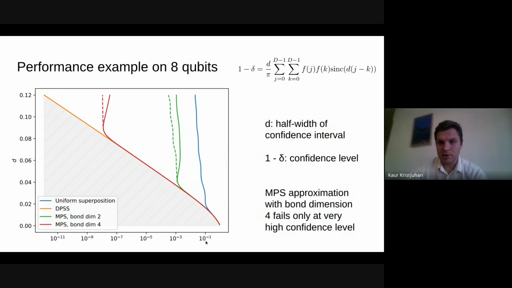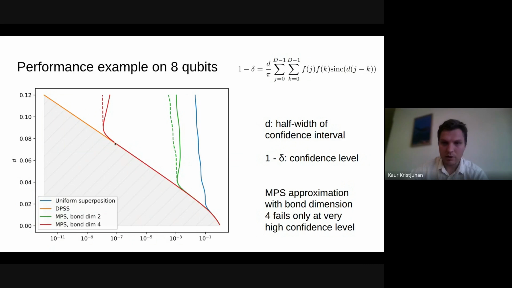At 10 to the minus 1, this means that at a 90% confidence level, you're going to get this kind of interval width for using the uniform superposition state, which on this graph looks like 0.04. But if you go to 10 to the minus 2, which would be 99%, which is something you'd more realistically want, then it doesn't even fit on the graph anymore, because the confidence interval width grows quite fast when using the uniform superposition state.